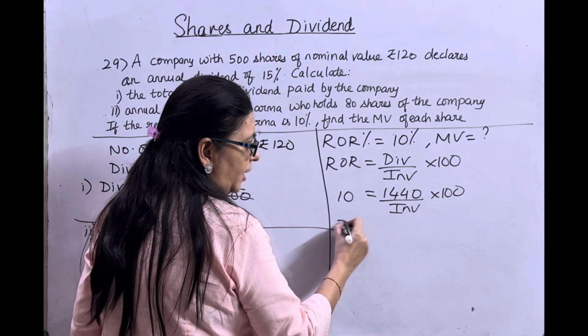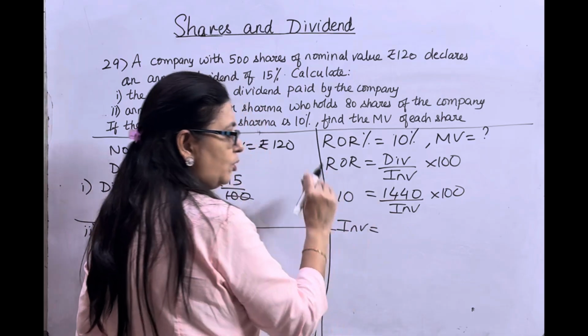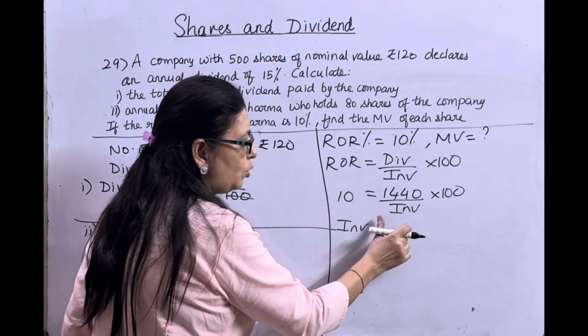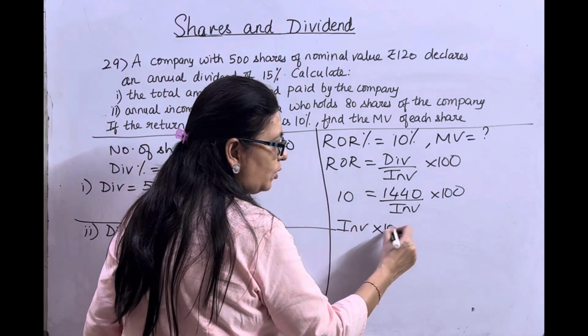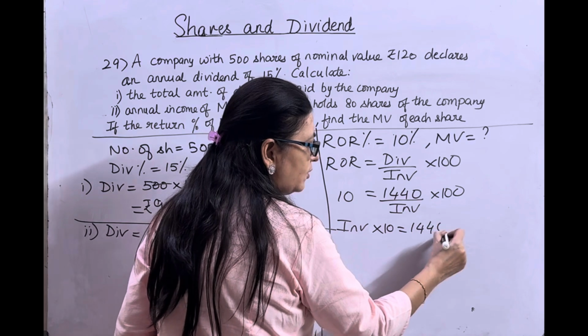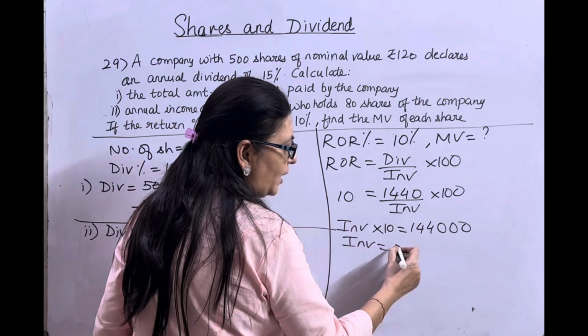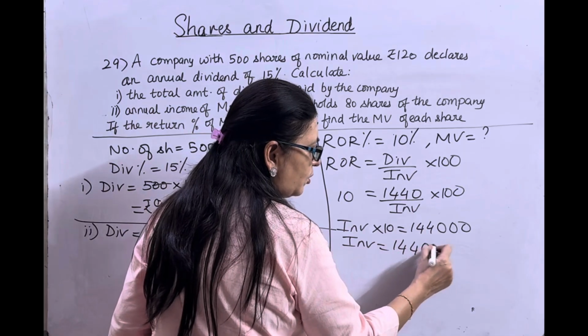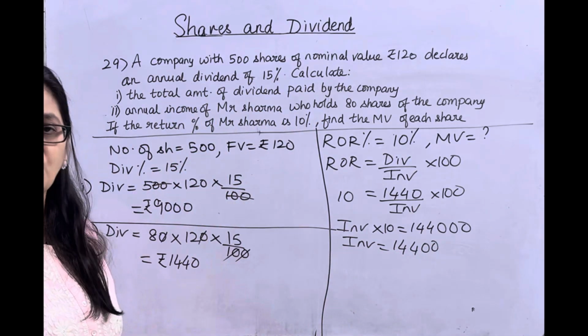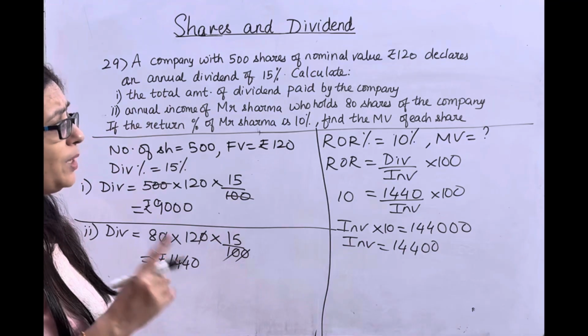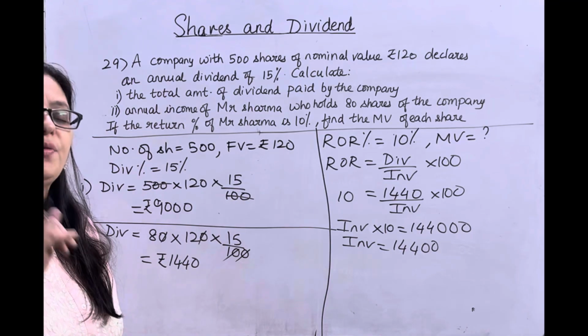So investment will be equal to, the easier way to remember it, do cross multiplication. Investment into 10 is 144000. So investment is this divided by 10, 14,400 rupees.